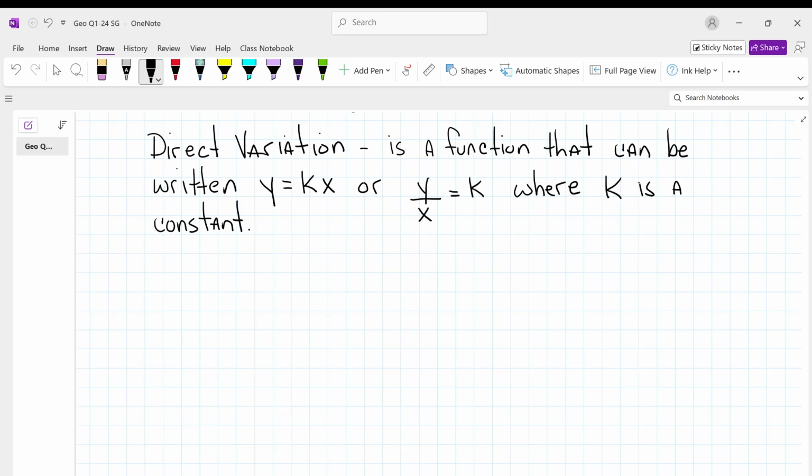You're going to be asked today to determine whether y varies directly with x.